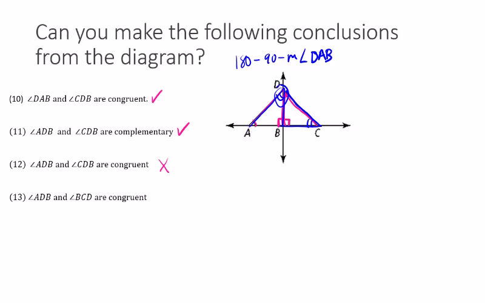So that's what this measure is. And remember that angle DAB is interchangeable with angle CDB. I kind of messed up my drawing here, but this angle CDB is congruent with that, so those are interchangeable, and that's what this angle would be. Therefore we know that they're congruent with each other.